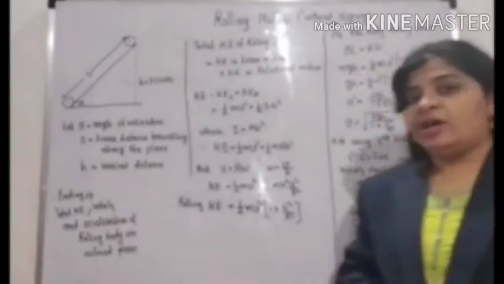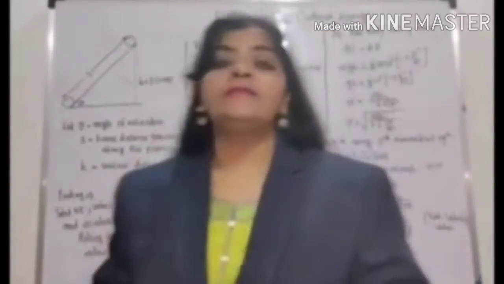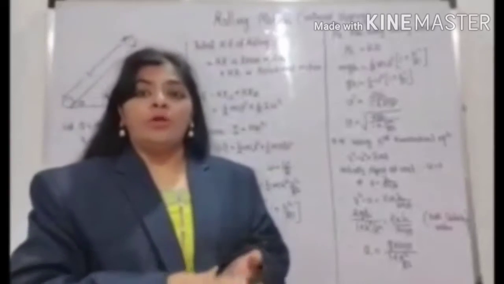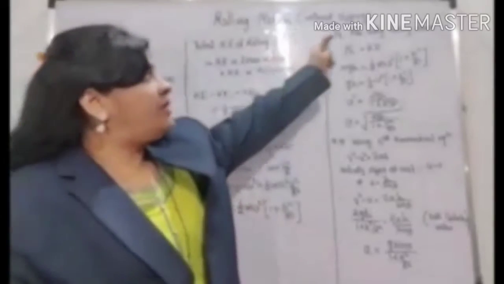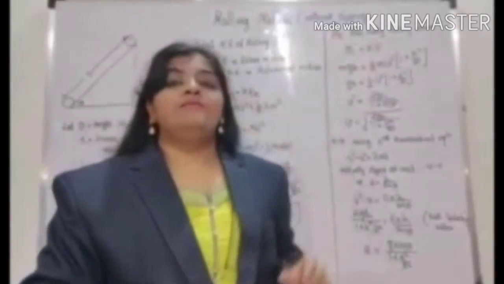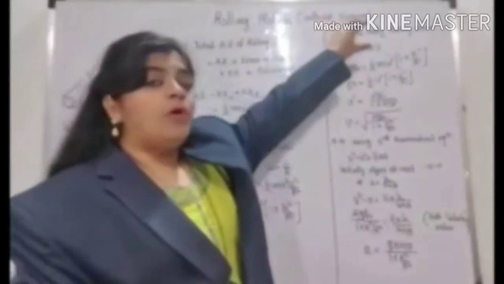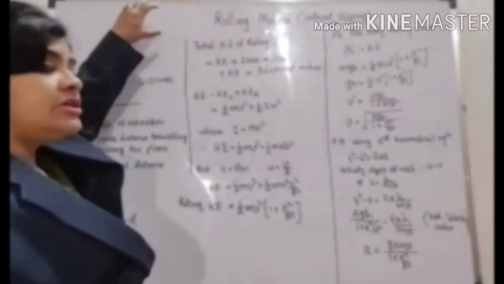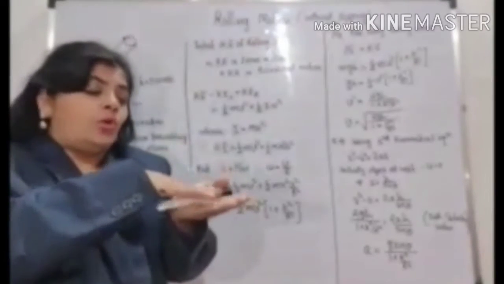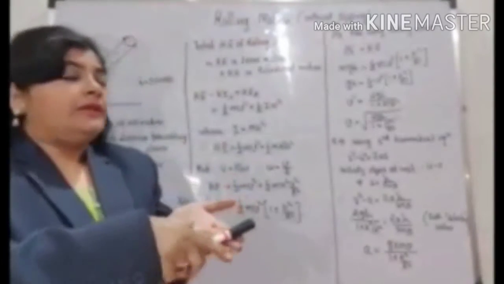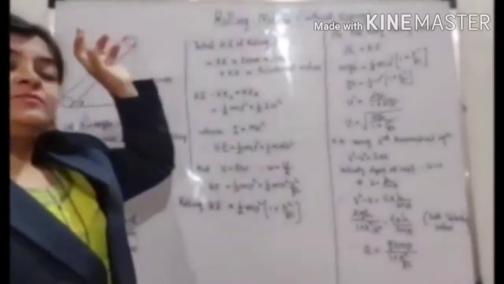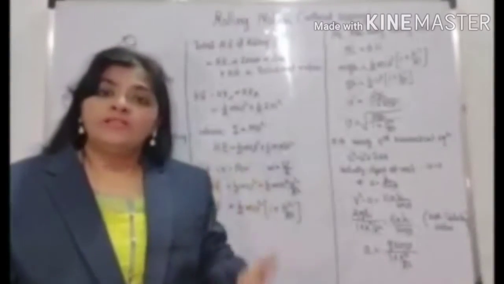Now we are finding the velocity and the acceleration of this rolling body. For the velocity, we use the law of conservation of energy. If the body starts from the initial position and rolls along the plane, initially it has gravitational potential energy.